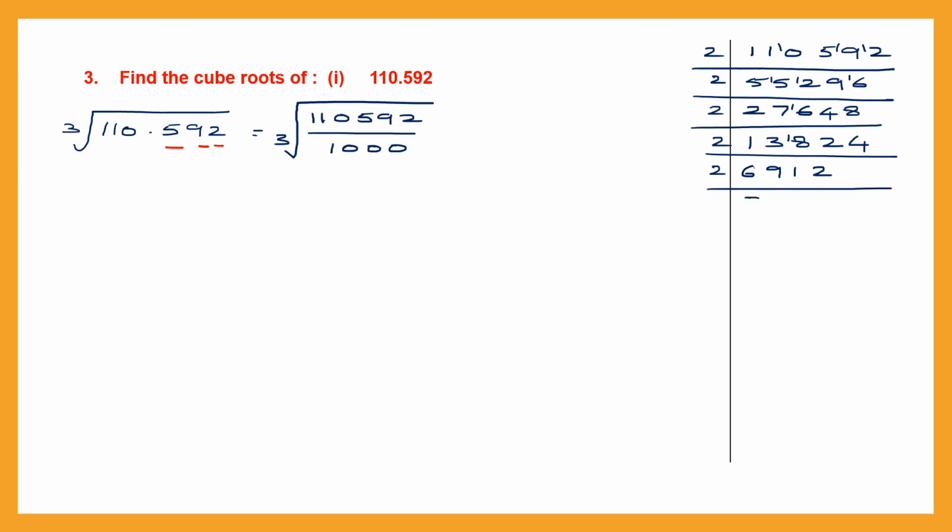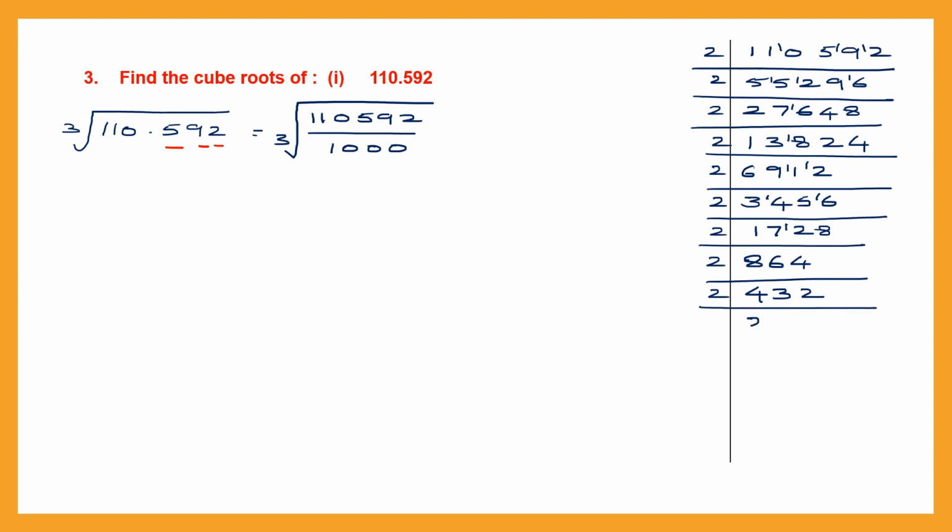Continuing the division by 2 in the same way, we keep halving until we reach 2 4s are 8, 2 2s are 4 and then there's 1 left, 2 7s are 14.